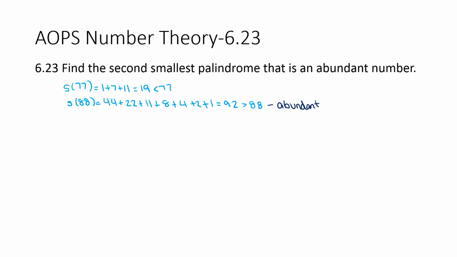And just label 77 as deficient. So the second smallest palindrome that is abundant is 88.